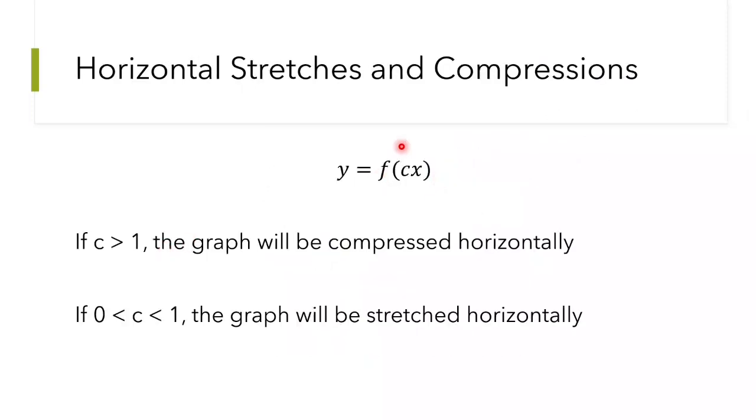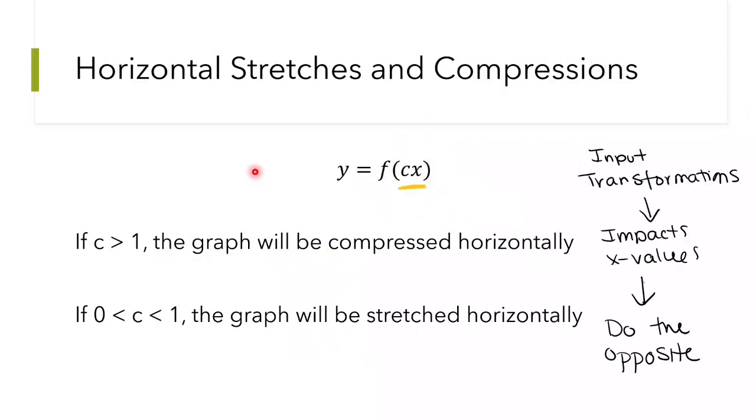All right, what if that multiplier is inside the function or inside the parentheses? This is an input transformation. It's going to impact our x values, and we are going to do the opposite of what it says. So that means whatever number is being multiplied by our x, opposite would be dividing by that value.